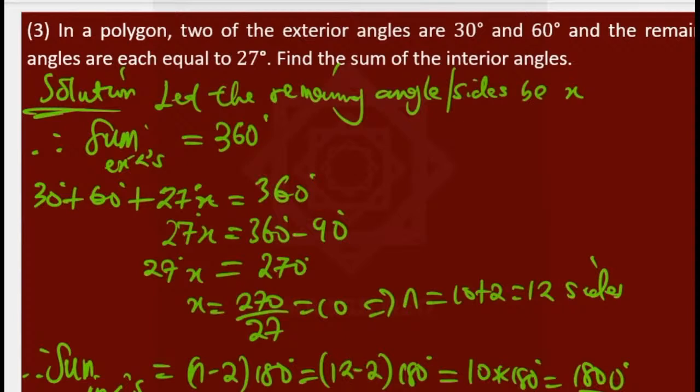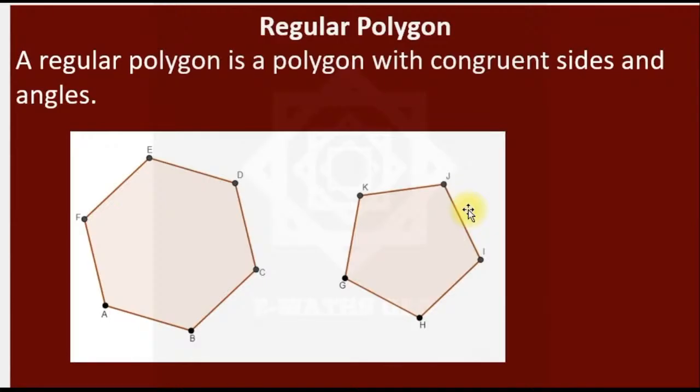The next one, a regular polygon is a polygon with congruent sides and angles. So a polygon is regular if, in geometry, congruent means equal. So in a polygon, the sides are marked with double hashes. If all the sides are the same, so if here is 2 cm, the other side will be 2 cm.